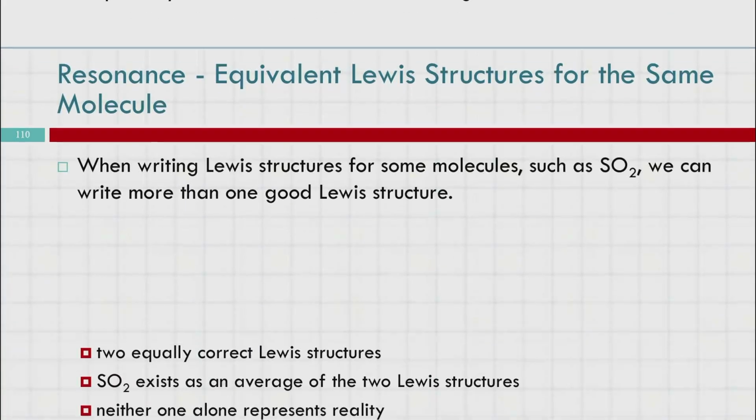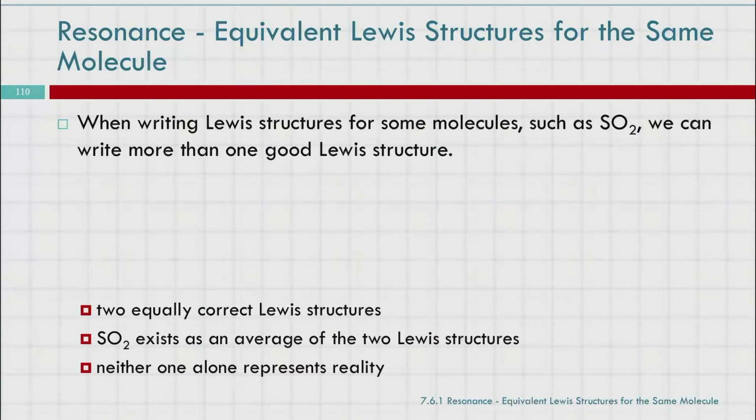There are also instances where we can have two almost identical Lewis structures that are both perfectly fine and good, such as with SO2. With SO2, we've got a couple of options for our skeletal structure.